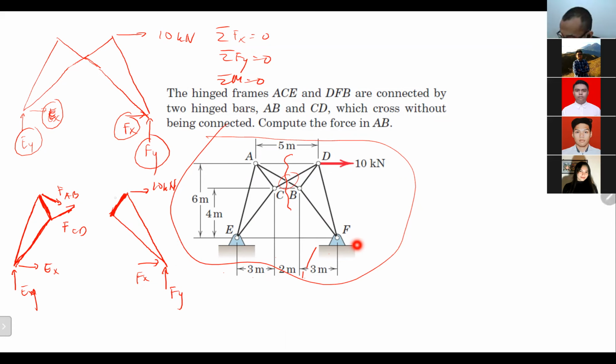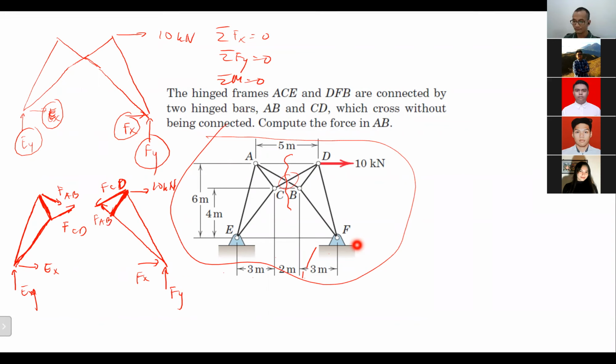FCD, if it's tension, then where is the direction here? Bottom left. Correct. FCD bottom left like this. FAB to the top left. Something like this, right?